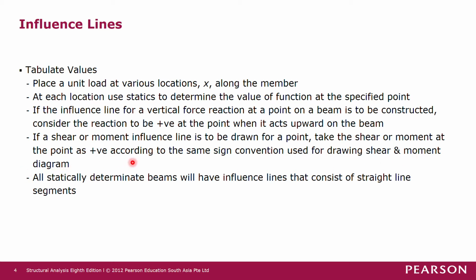In the previous subject, you have already learned about drawing shear force and bending moment diagrams. So over here, we are going to use the positive sign convention that you also use in drawing shear force and bending moment diagrams. Any moment that causes an element to bend this way, we call this positive bending moment.